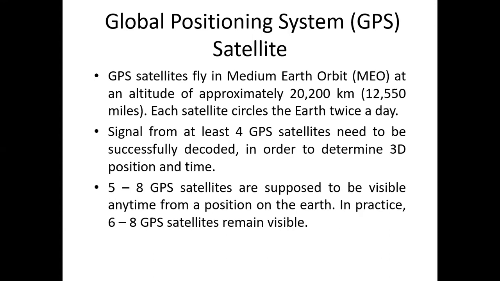So the number of satellites is actually many, and now 30 in total. But they are made available at medium Earth orbit, because in this case you have to have a wide beam radiation pattern at the receiving end. You need to receive signal from satellites in different directions at a time.